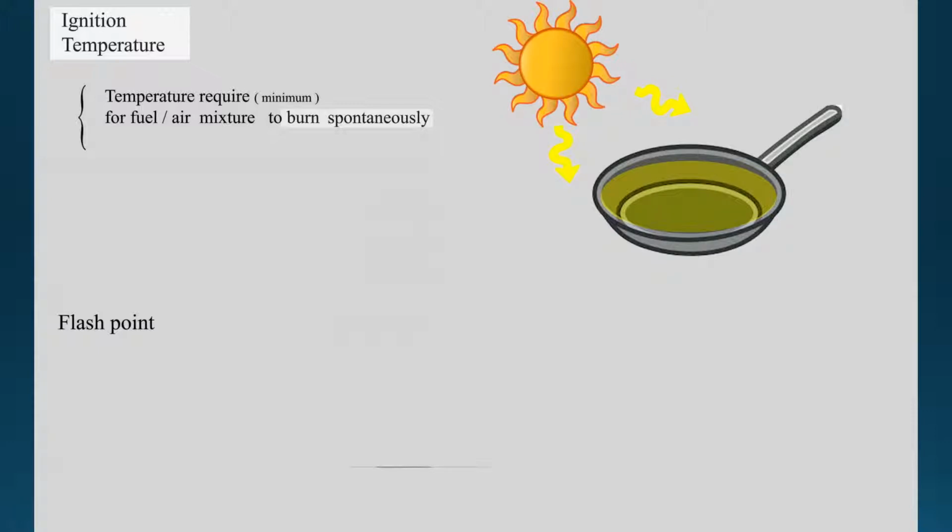Imagine you have a pan and you fill it with petrol. You put it under a hot summer sun for the whole afternoon. Do you think it will burn? No. The answer is no, it won't burn. It's not hot enough. Okay, if it doesn't burn, let's try more.